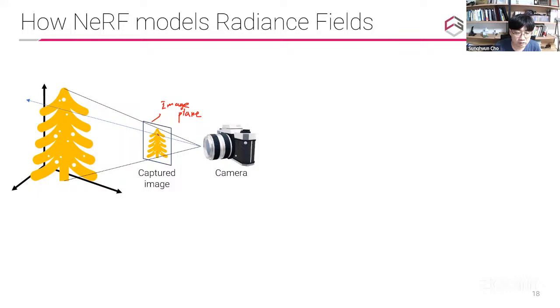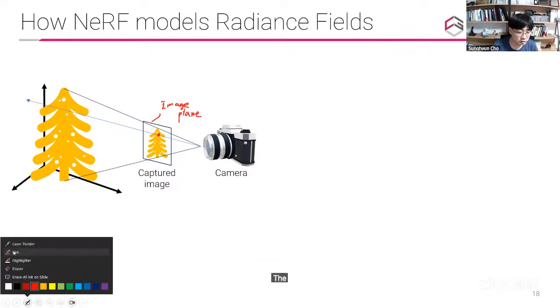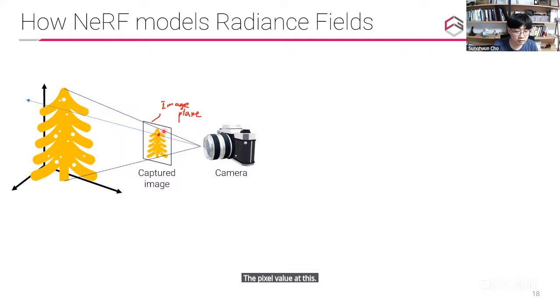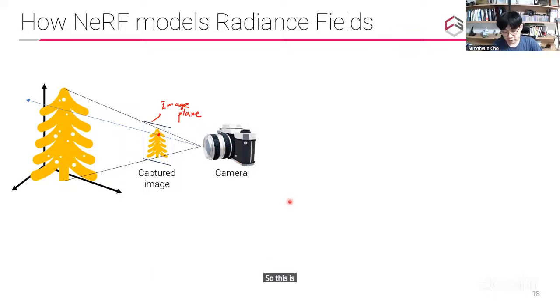We can find the intersection between the ray and the image plane, and the pixel value at this intersection is determined by the pixel value from the 3D object. So this describes the basic image acquisition process.